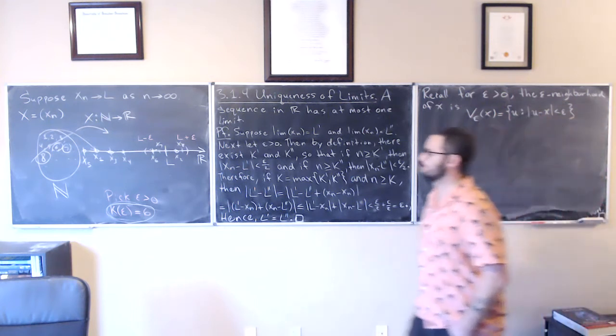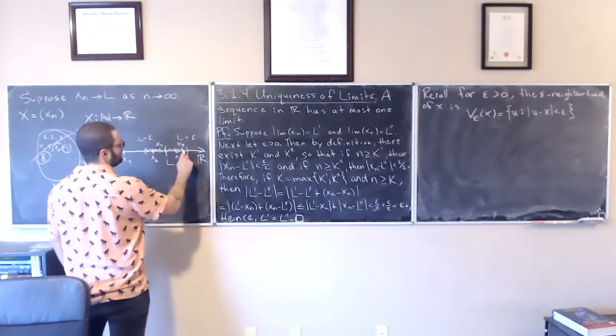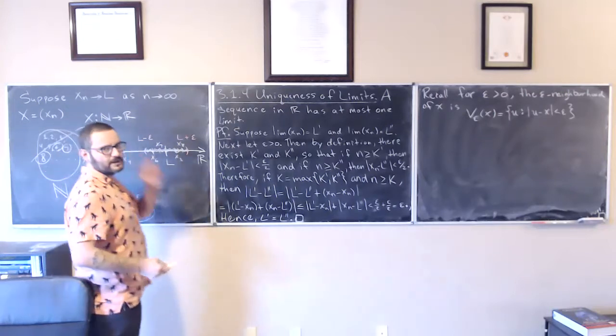So like here with this picture over here, this would be the epsilon neighborhood of that L, for that epsilon that we chose.